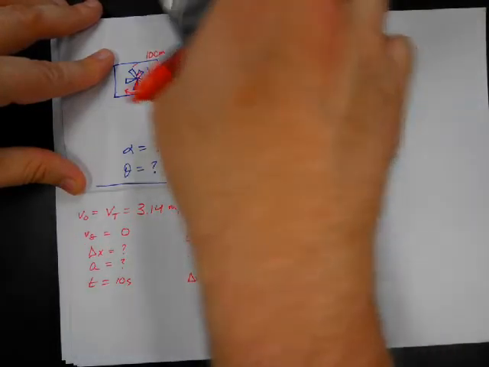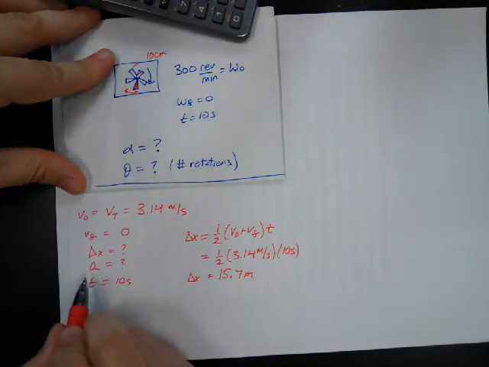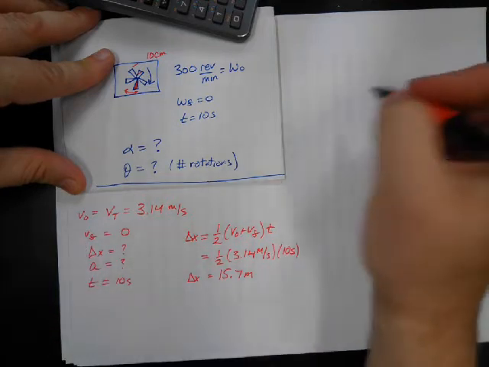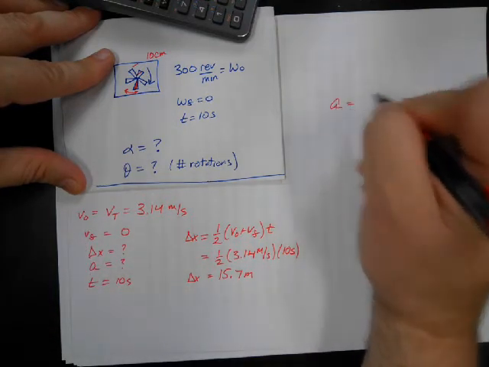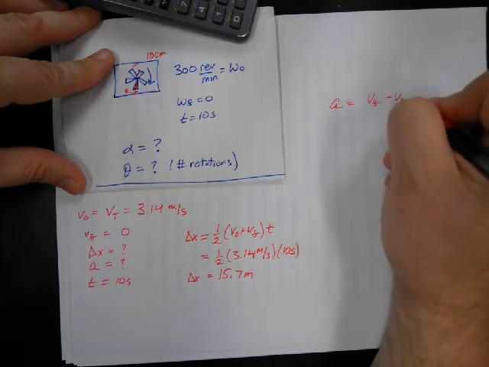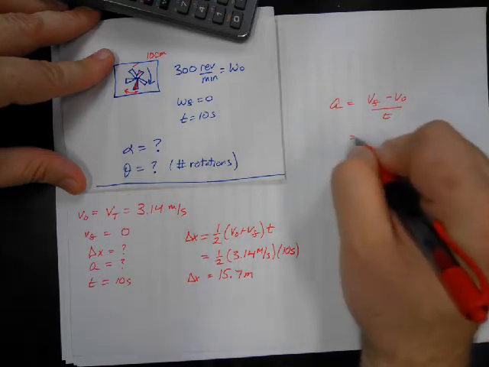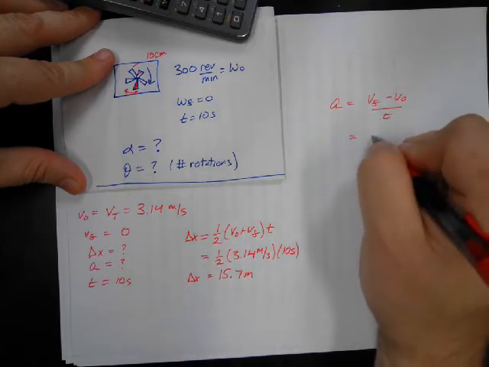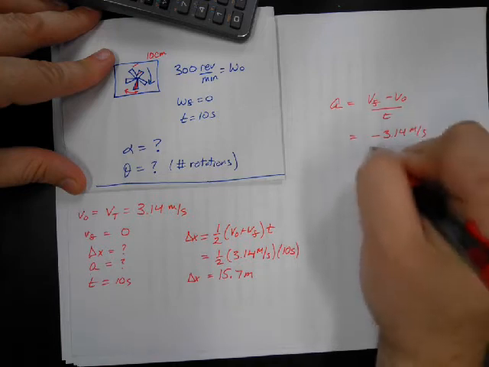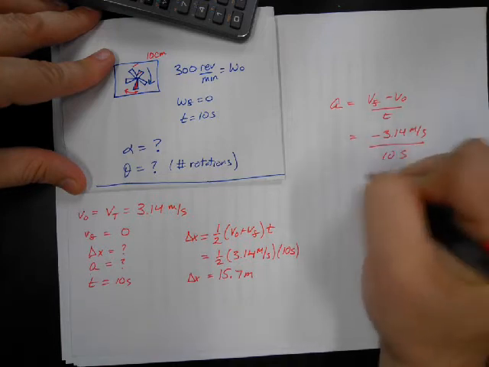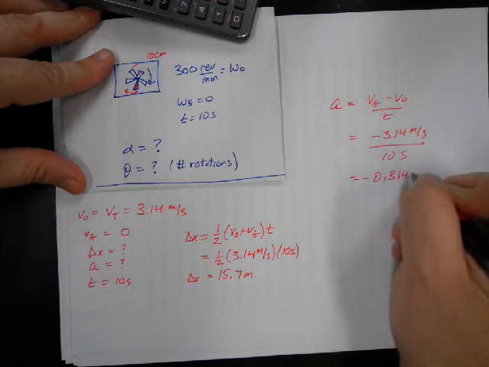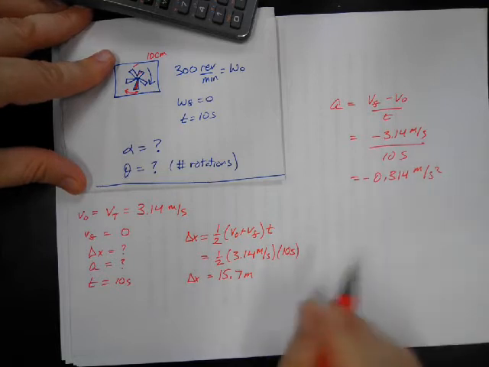And then we would go and say, well, we need the acceleration. That acceleration is based on the change in velocity over time. So our acceleration is V final minus V initial over t, which is, well, V final is 0, so we'll have minus 3.14 meters per second over 10 seconds, which is minus 0.314 meters per second squared.